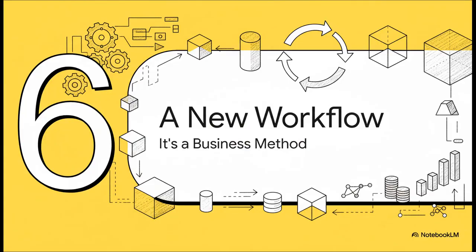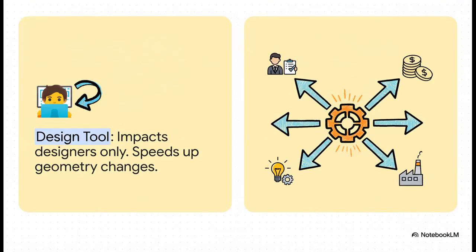So, ultimately, adopting this approach isn't really about getting a new tool. It's about embracing a whole new workflow, a completely different way of running your business. Here's the key shift in thinking. A traditional parametric tool only impacts designers, and it speeds up geometry changes. But a true parametric method impacts everyone, from sales to finance to operations.